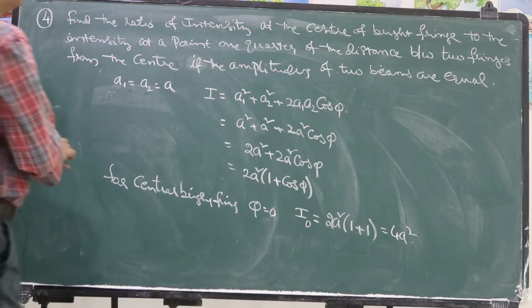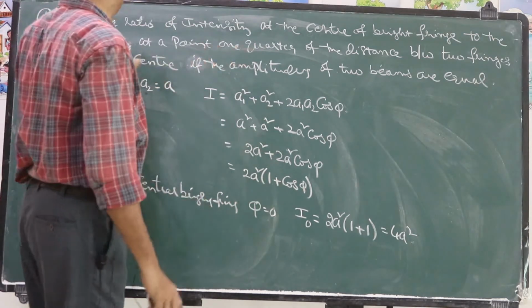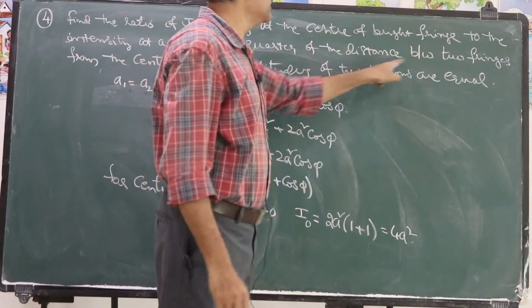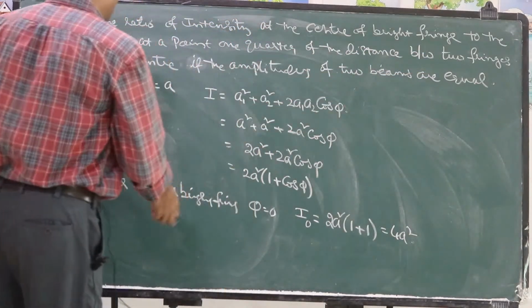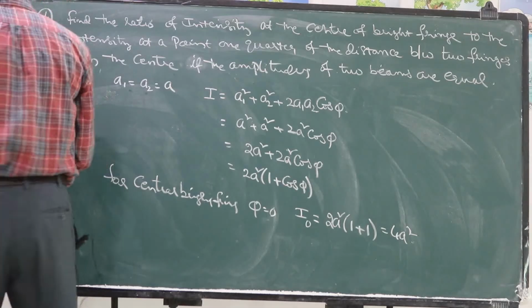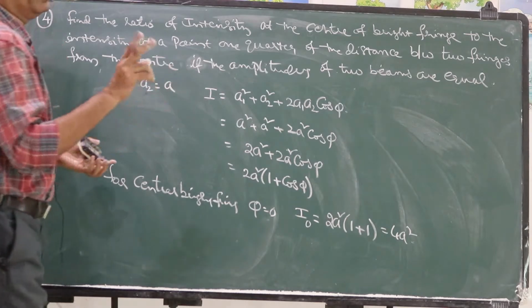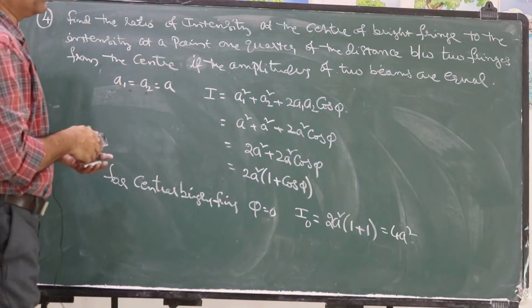Now we have to find the intensity at a point 1/4 of the distance between two fringes. Two consecutive bright fringes have a phase difference of 2 pi.